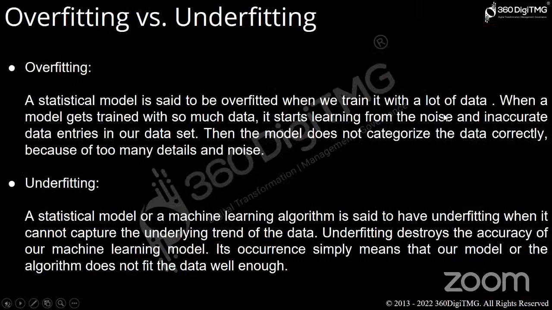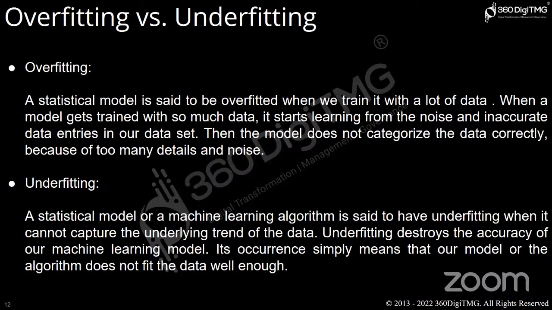So overfitting happens when we train with a lot of data. Okay. So if your data set is too huge, then you might run into a problem of overfitting because your model starts taking into account the noise in the data or the inaccuracy. Okay, because of an excessive amount of details, it is not able to capture the data correctly.